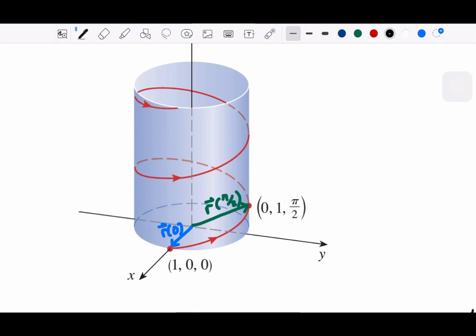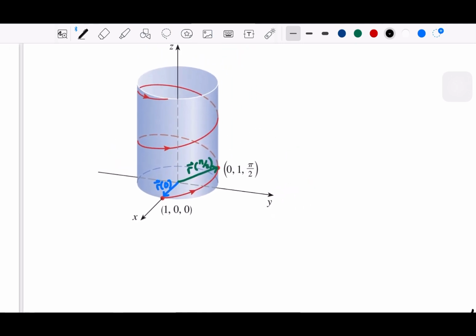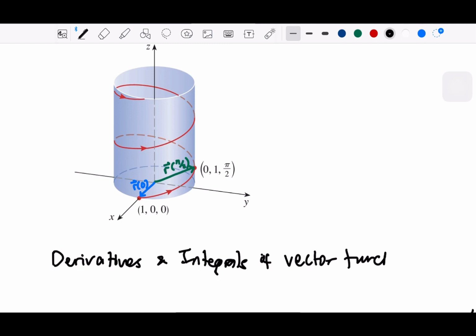So we continue now to get the derivative. This is just some notes. Now we get to the derivatives and integrals of vector functions.